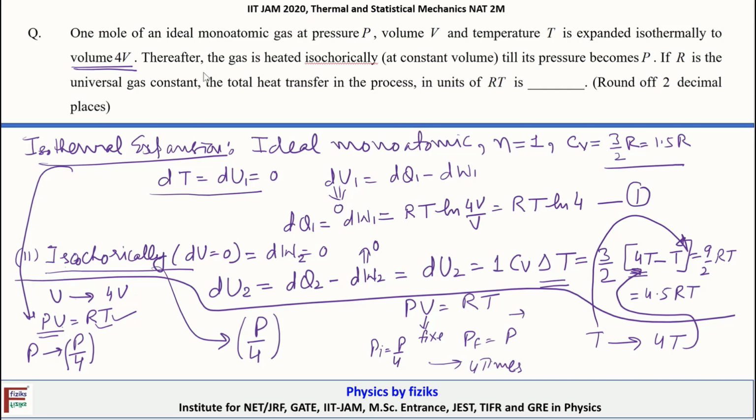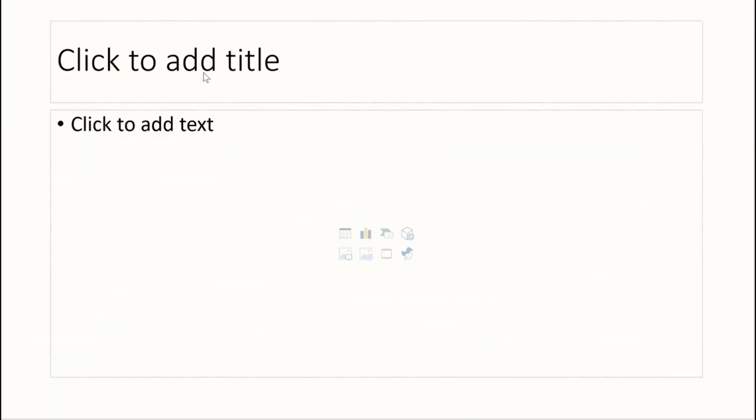Now we are supposed to find out the net heat energy, the net heat transfer during the process. Let me introduce another page here. The net heat change that takes place during the entire process, let me call this dQ, which is equal to dQ1, the heat change involved in the isothermal expansion of the gas, plus the heat change involved during the isochoric step of the process.